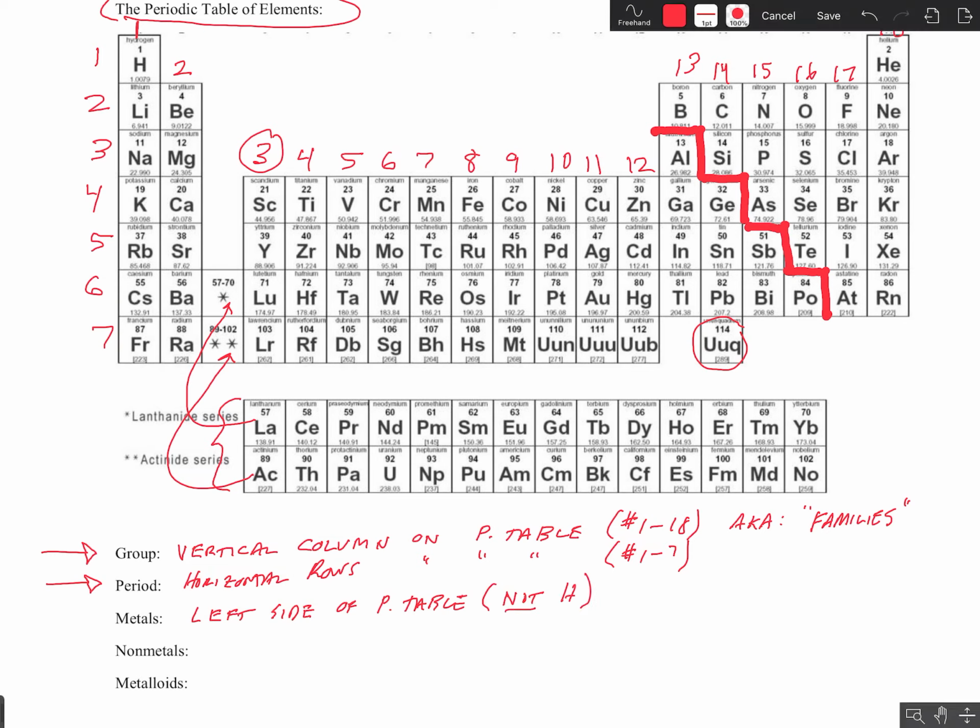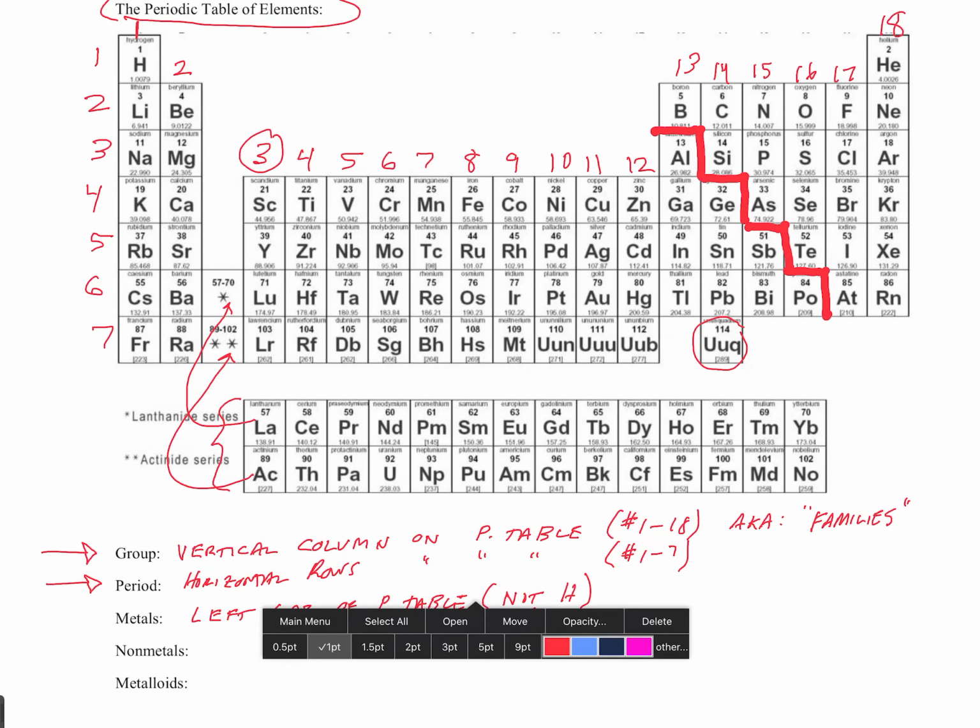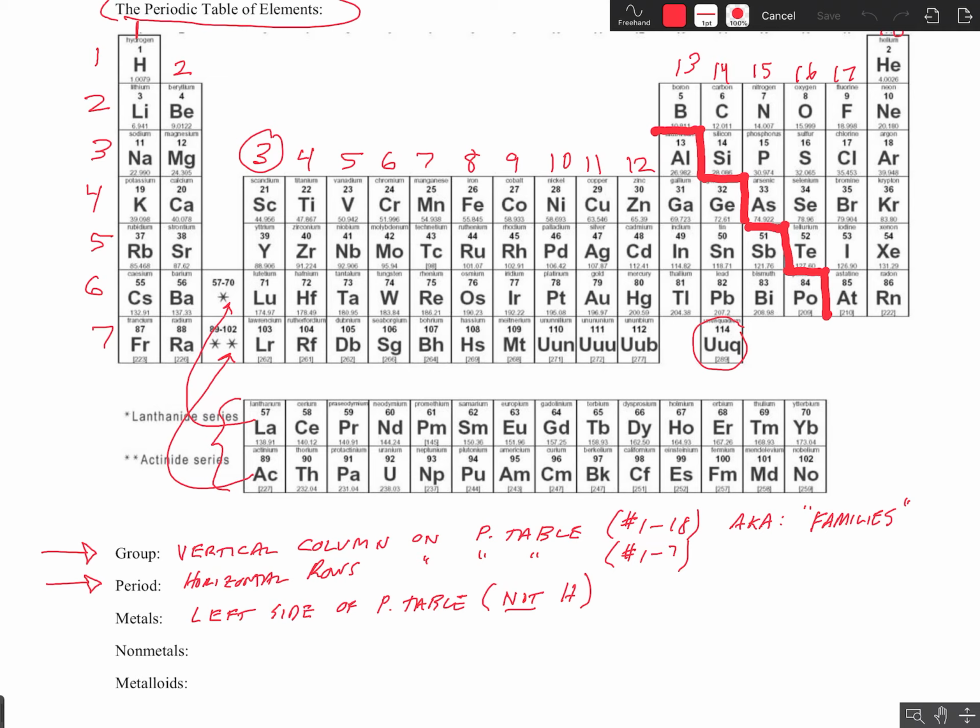Hydrogen's not considered a metal. So what I'd like to do is color in all of the metals on our periodic table. Let's change it from red. Maybe we can go with this blue color here. All the metals we are going to color in this blue color.